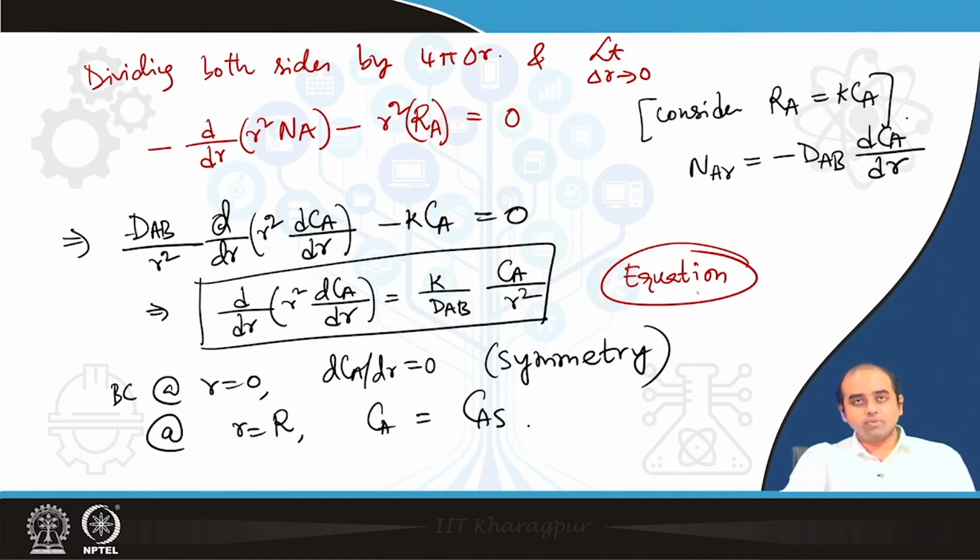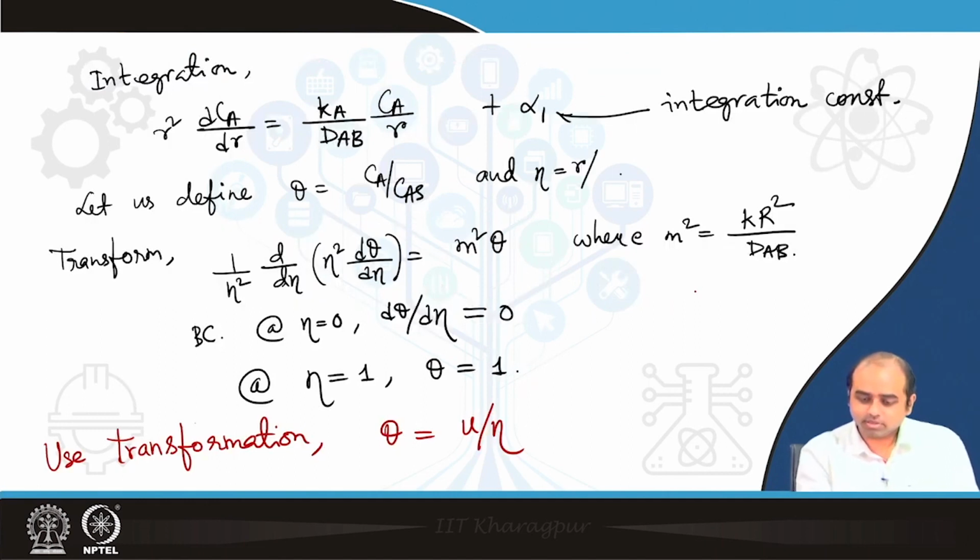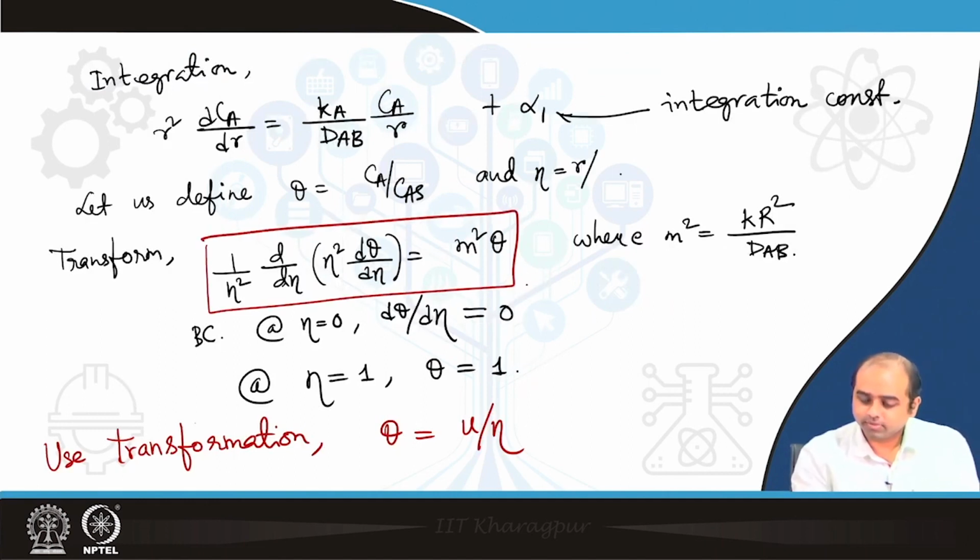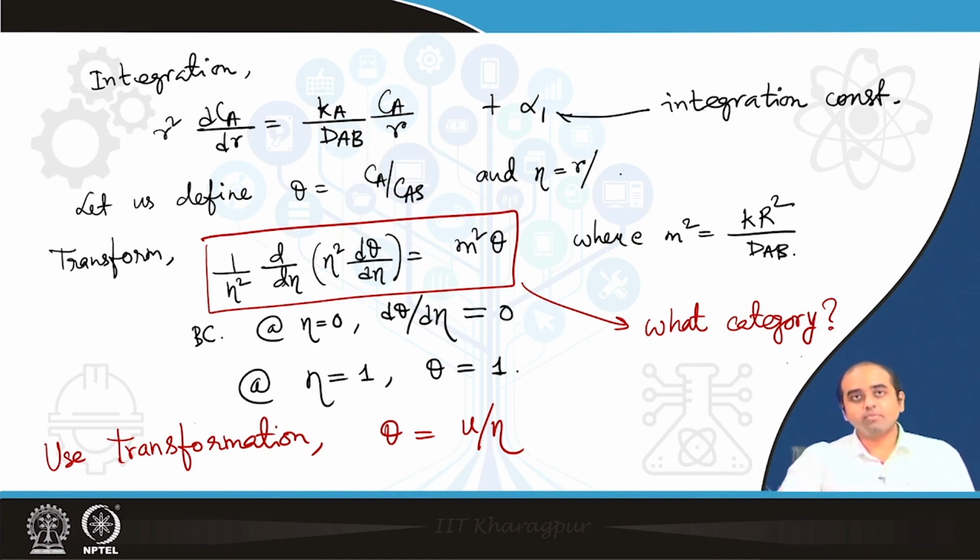Even this equation is just a non-dimensionalized form of this equation. What category does this equation belong to, right, and what is the general solution of this equation that you are aware of? This is something for you to think about, like you can directly get the solution of this equation without using the transformation here.